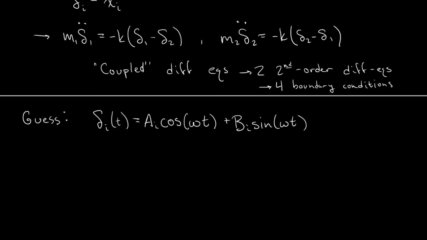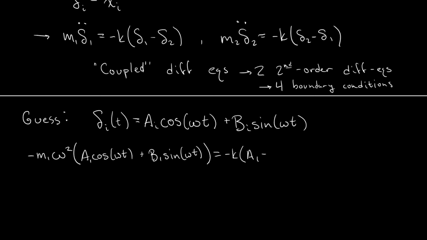Okay, so when we plug this in, we find something that looks like m1 omega squared, this should be a1 cosine omega t plus b1 sine omega t, is equal to minus k (a1 minus a2) cosine omega t minus k (b1 minus b2) sine omega t.